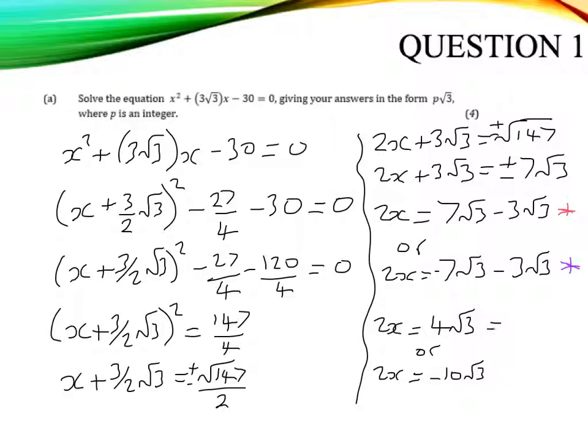So this implies that x is 2 root 3, and this implies that x is minus 5 root 3. Exactly the same solutions that we got previously, just going about it in a slightly different way. So whichever way you prefer, either way, I've used probably a similar number of lines. I'm not sure that one's particularly easier than the other, but it is down to personal choice.